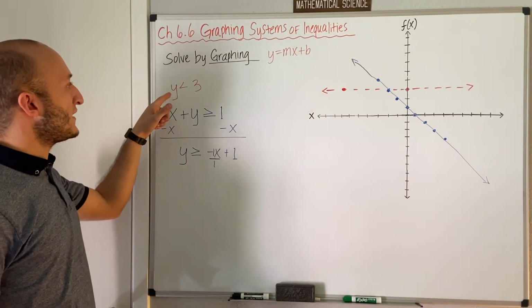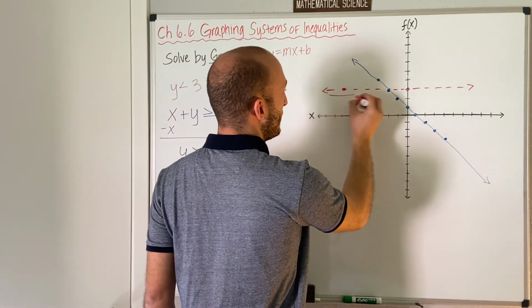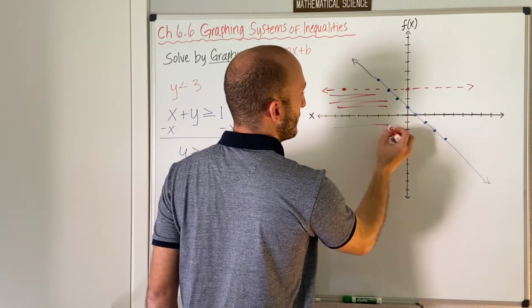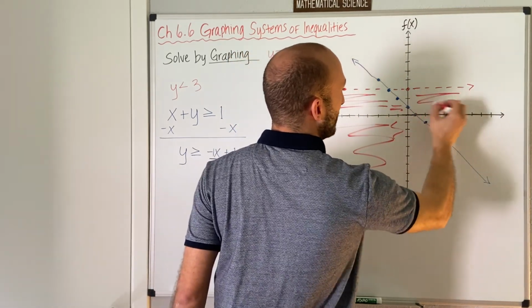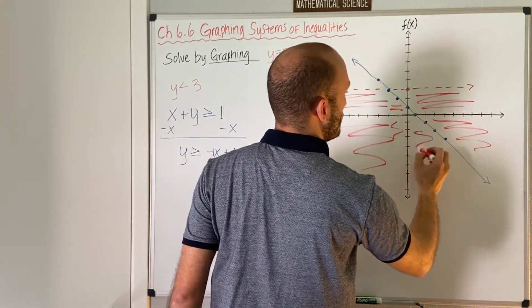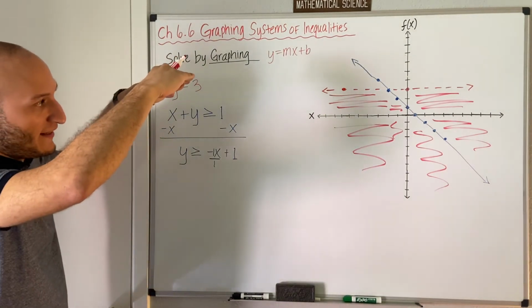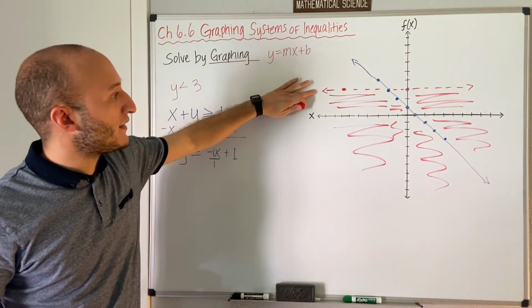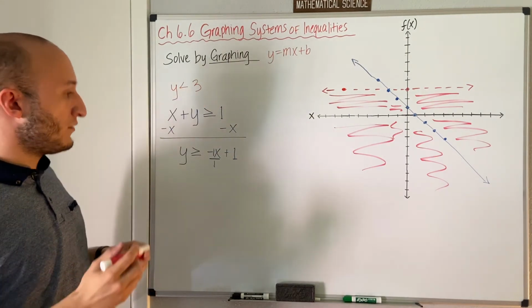Now it says y is less than 3, so I'm going to shade everything that's down here. Anything that's below this line is going to be shaded because it's less than 3.